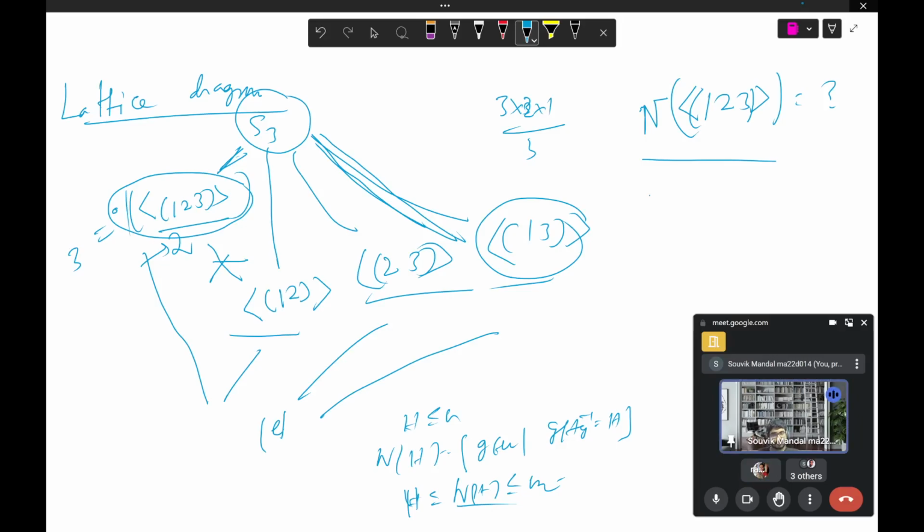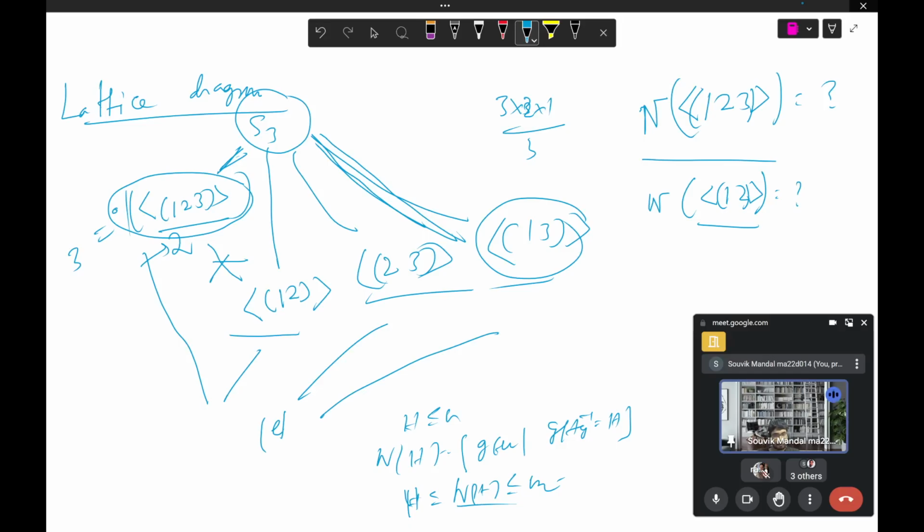So what about the normalizer of the subgroup generated by the element 1, 2? Here the element is 1, 2. So what is the normalizer of this group? For the previous one, the normalizer of 1, 2, 3 is a normal subgroup, that's why it was easy.